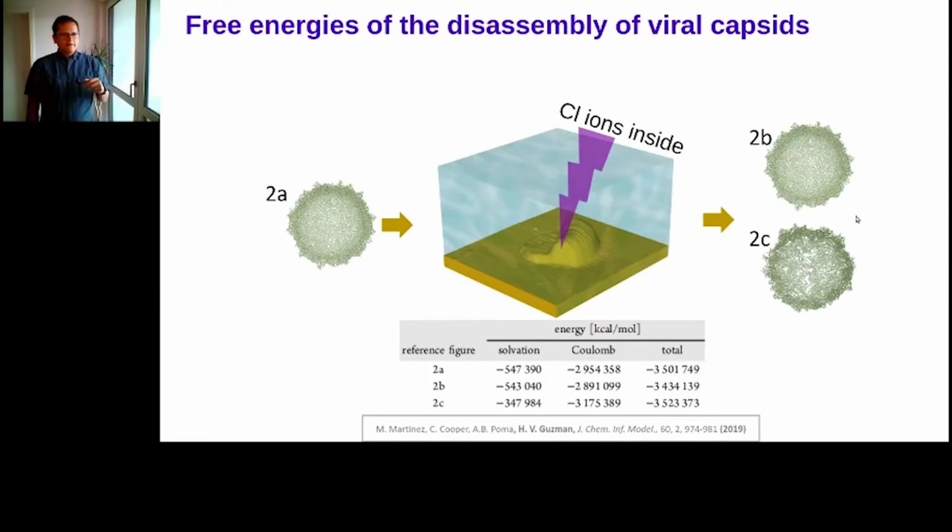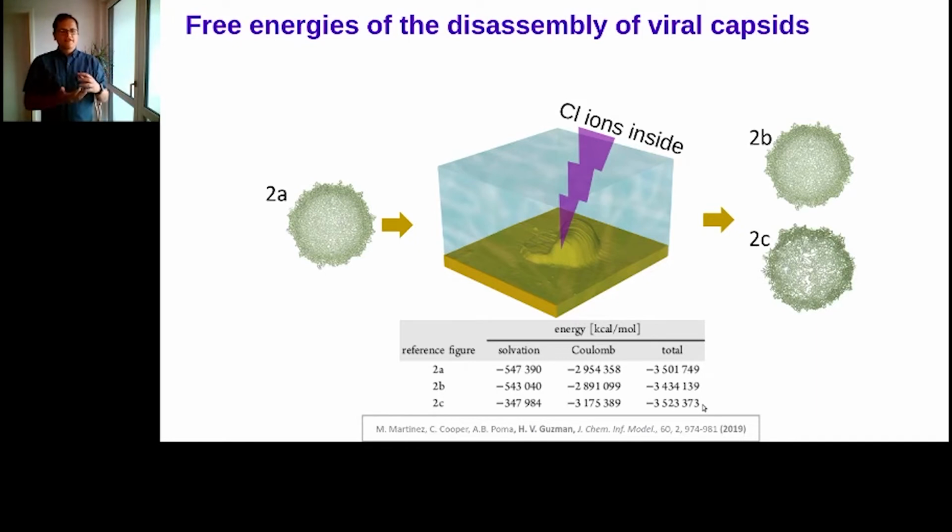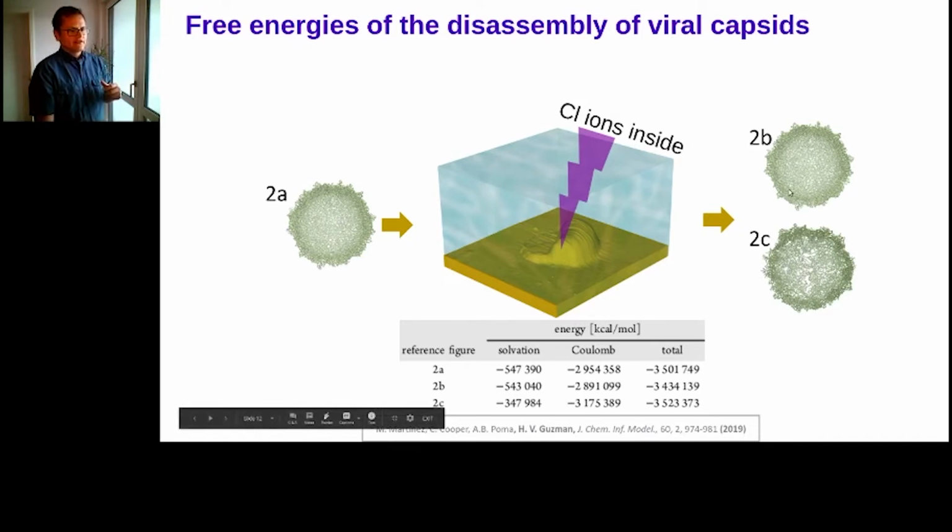So what we observe easily by performing these Poisson-Boltzmann calculations is that the structure of the initial disassembly is possible energetically speaking, because it gives us even lower free energy than the compact structure of the capsid with negative ions inside.